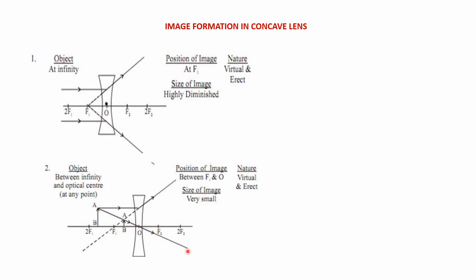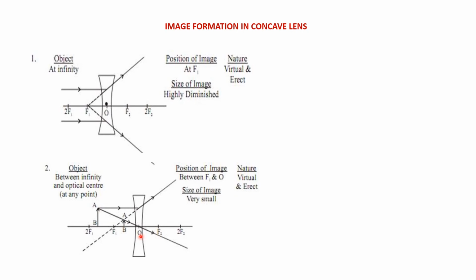Now what you have to do, please produce this ray. The first ray should be produced backward, and wherever these two rays meet after refraction, it is at the point which is between the principal focus and optical center.